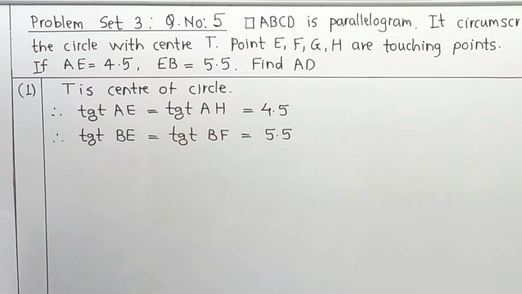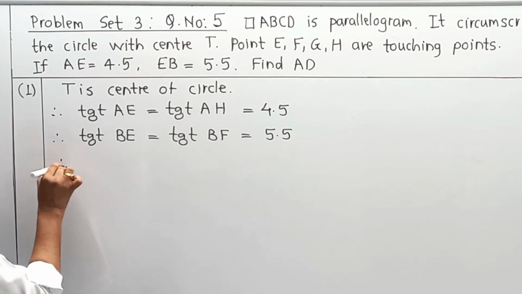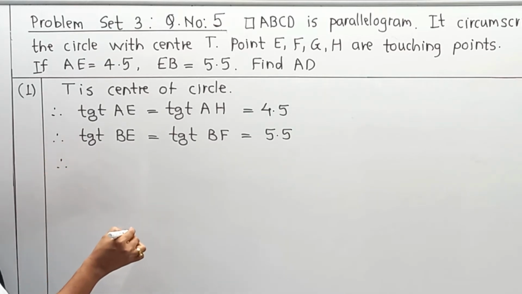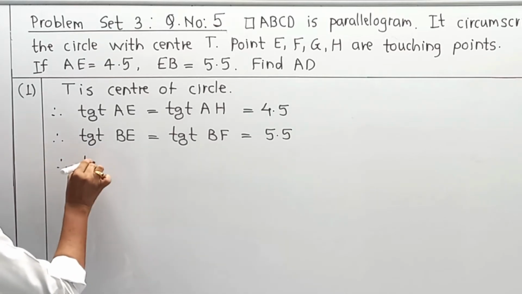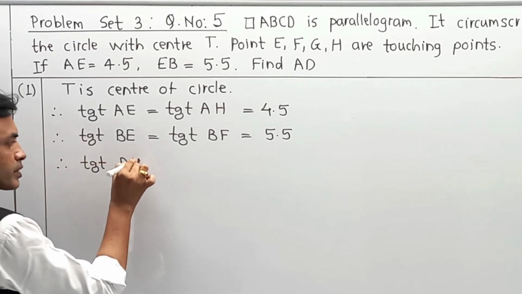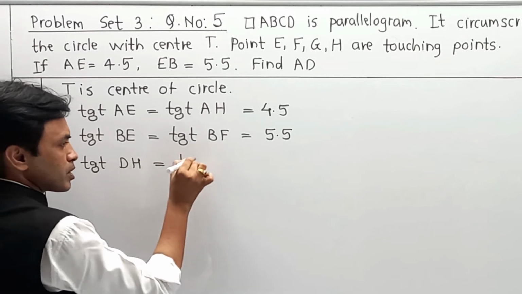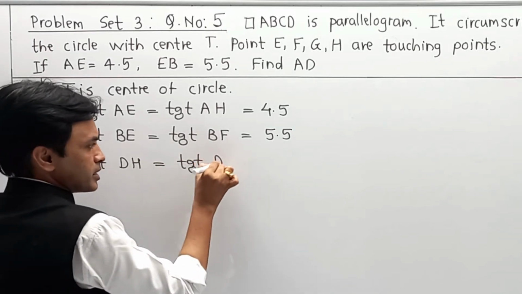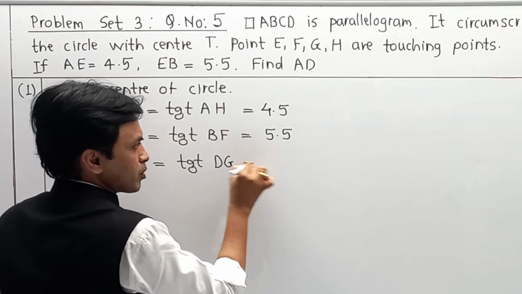Now the third part: DH is equal to DG. Tangent DH is equal to tangent DG, which is equal to x.